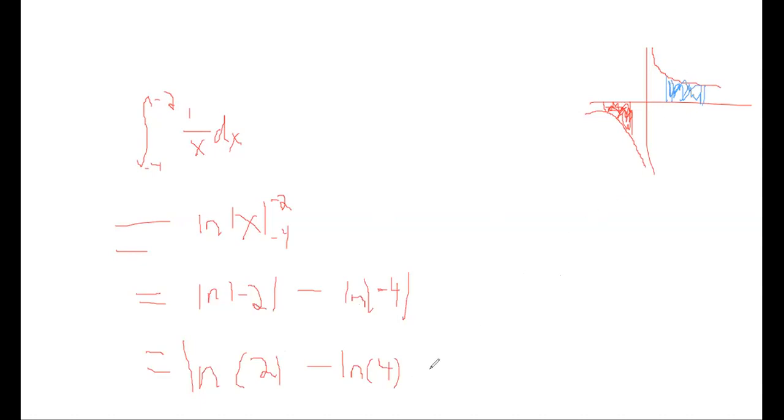For the record, as one final side note, this is also equal to ln of 2 over 4, in other words, ln of 1/2.